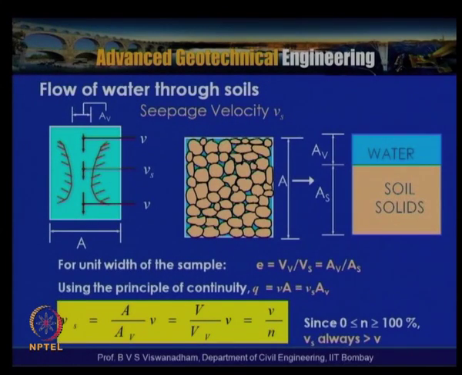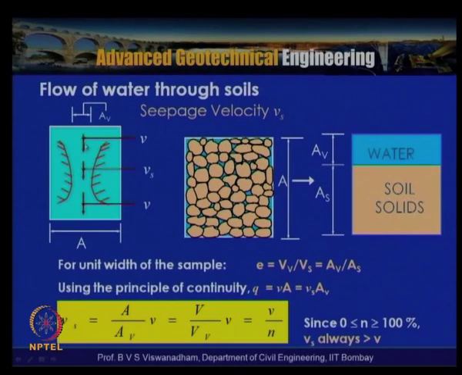So here in this particular slide, a new term called seepage velocity is introduced. The seepage velocity is the velocity which is actually happening through the voids. That means that if you consider a cluster of soil particles with water filling the voids, and the water flow is occurring, say in this case, from top to bottom, and you take a magnified view of the distance between soil particles, if this is A, and this is nothing but the area of the voids.